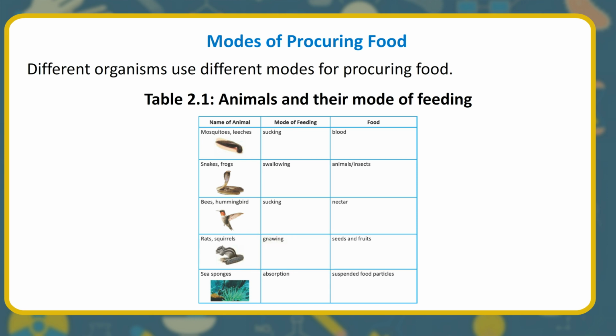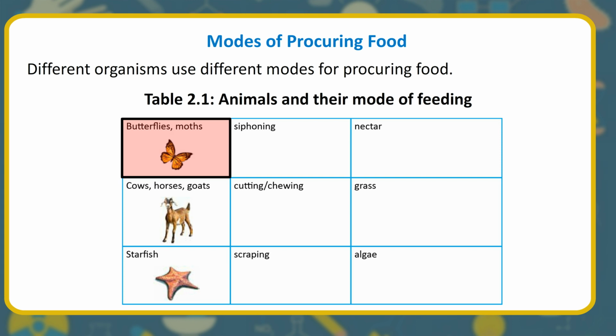Gnawing. Seeds and fruits. Sea sponges. Absorption. Suspended food particles. Butterflies, moths. Siphoning. Nectar. Cows, horses, goats. Cutting/chewing. Grass. Starfish. Scraping. Algae.